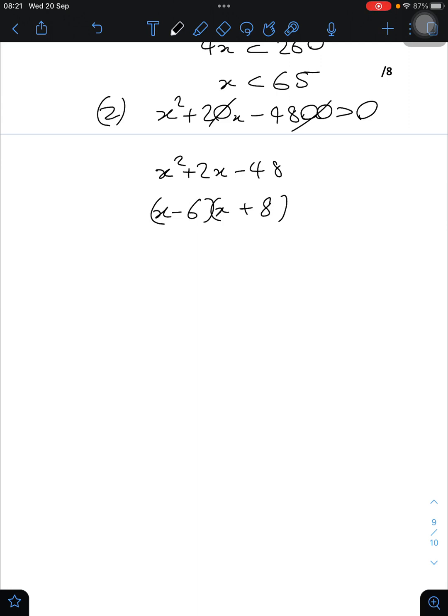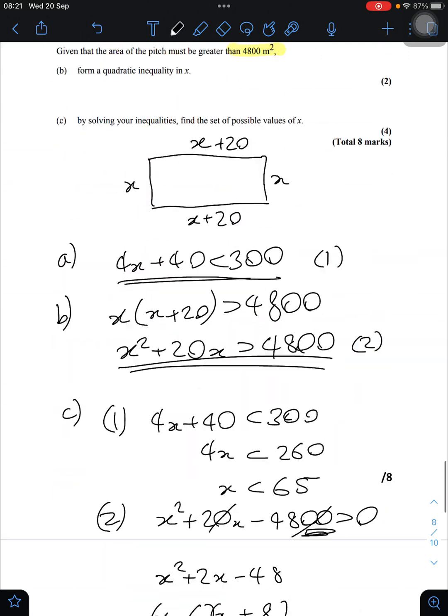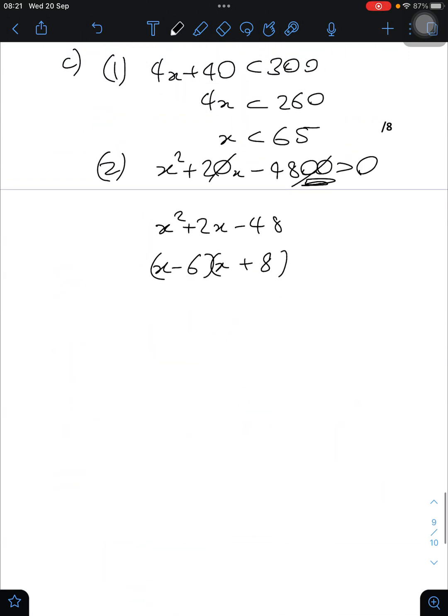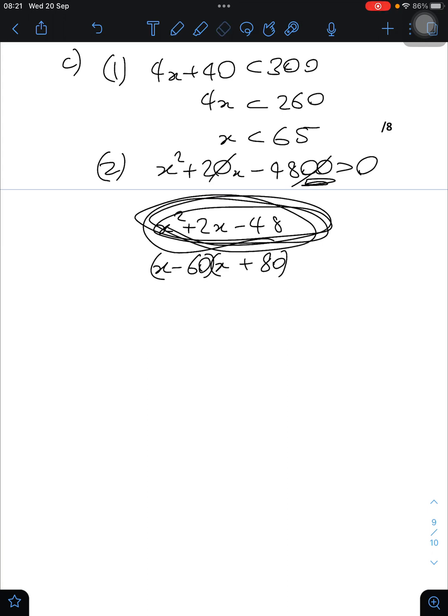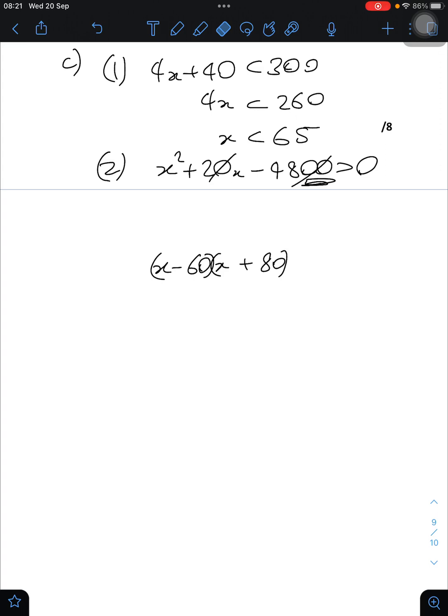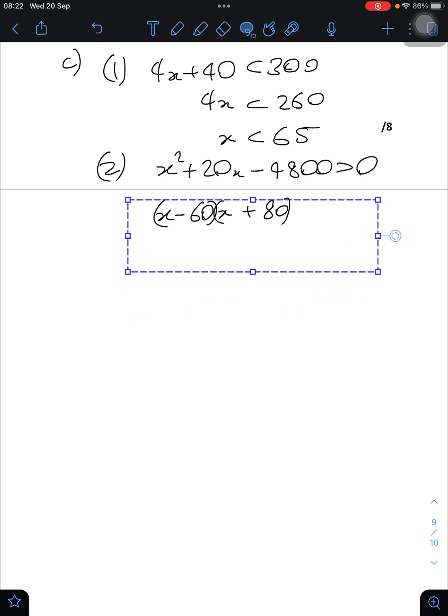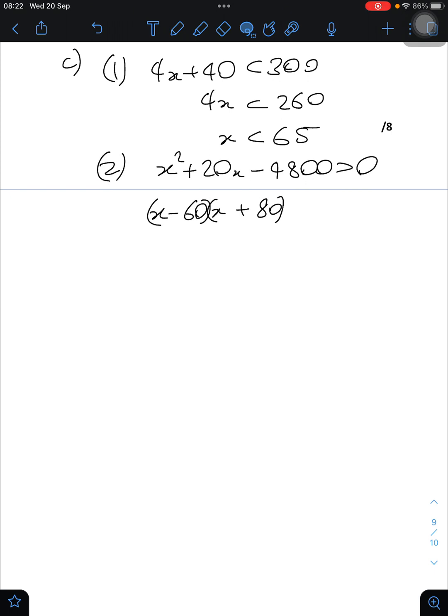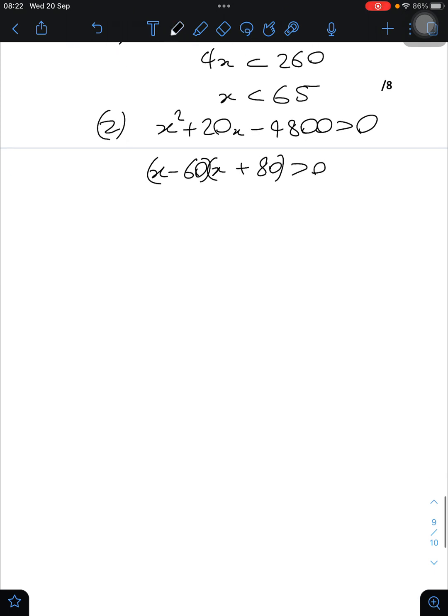But in this case here we've got a whole lot of zeros, and to make sure that we get the 20 on the other one, we need 2 zeros here. So if you're struggling on those sort of ones, just think about a simplified version of it and then think about what your zeros would be. And so in this case our factorization would be x minus 60, x plus 80 greater than 0.